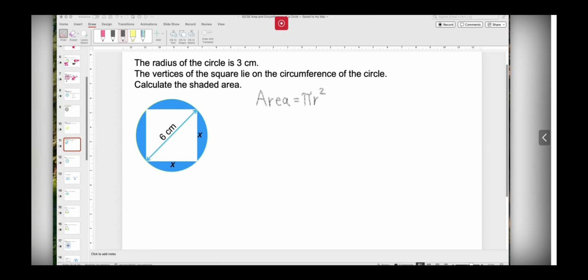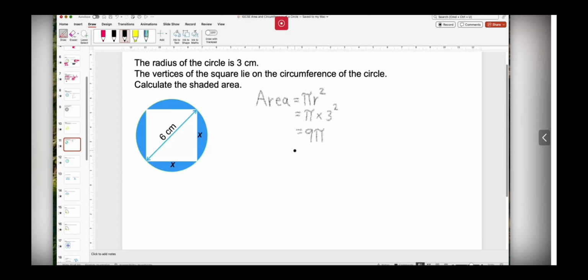So here I've written down the formula that you need to calculate the area of a circle. Now we know that the radius is equal to 3. So now we have pi times 3 squared. So ultimately the answer is equal to 9 times pi.